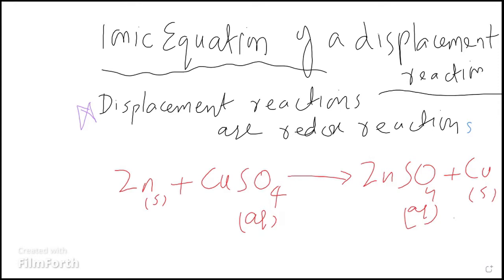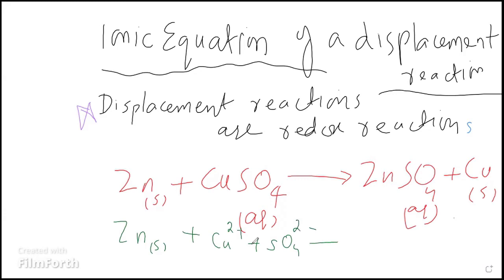Now we can make its ionic equation. We will write zinc as it is, because I told you that solids, liquids, and gases do not split into their ions. Only ionic compounds like salt solutions, alkalis, and acids split into their ions. Copper 2 sulfate, being a compound in an aqueous solution, has copper 2 ions and sulfate ions.